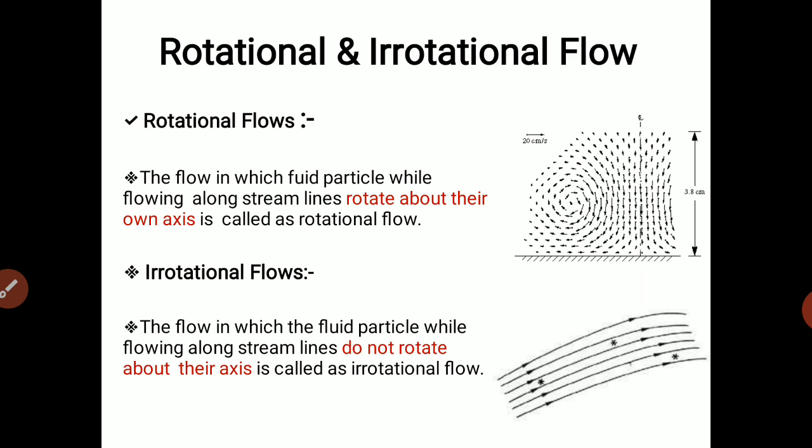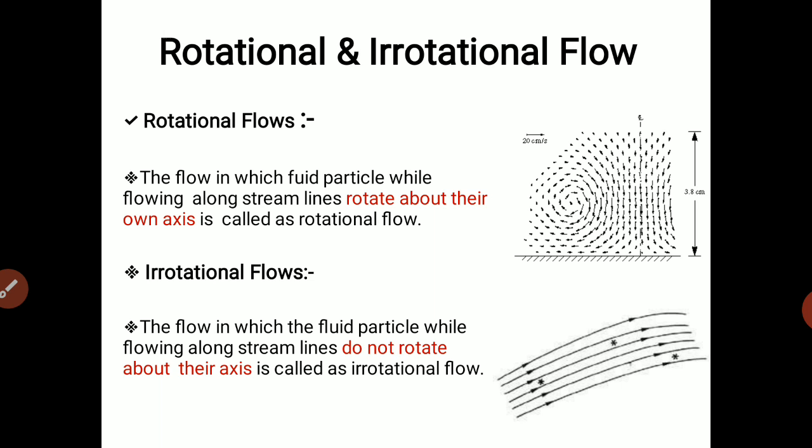Just imagine a basin in our kitchen filled with water, and when we remove the inlet or outlet pipe strainer, the vortex or rotation of the flow while moving through that pipe is called irrotational flow.